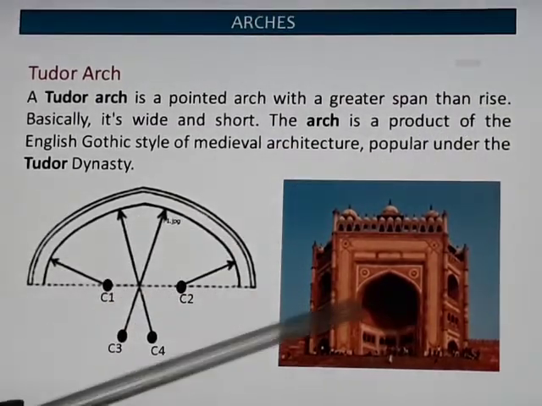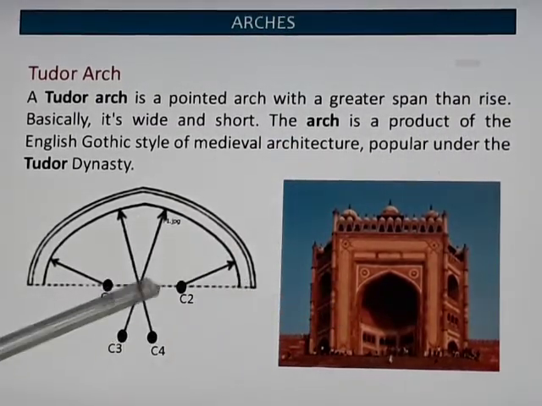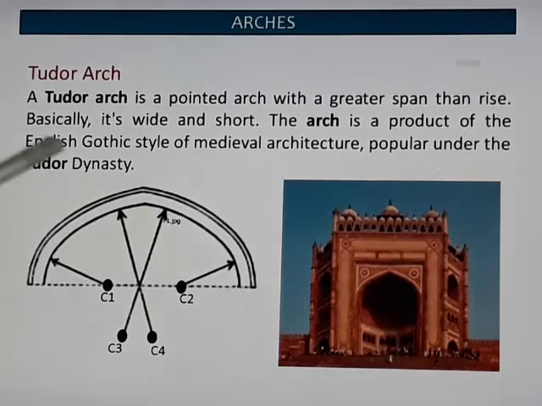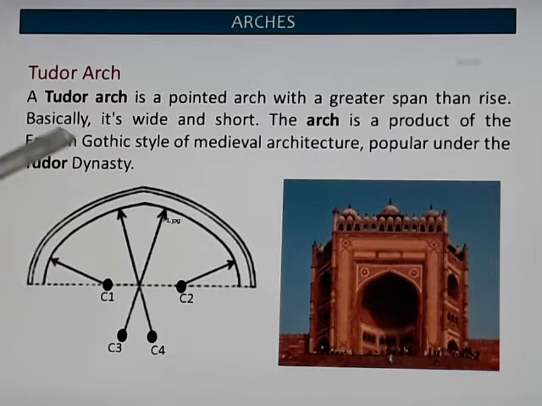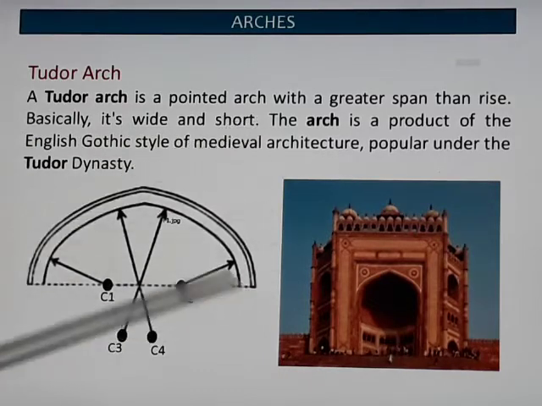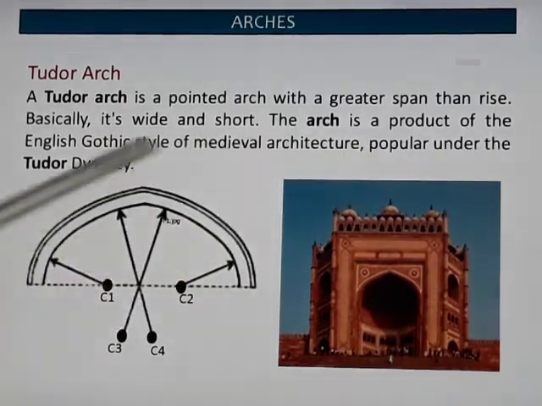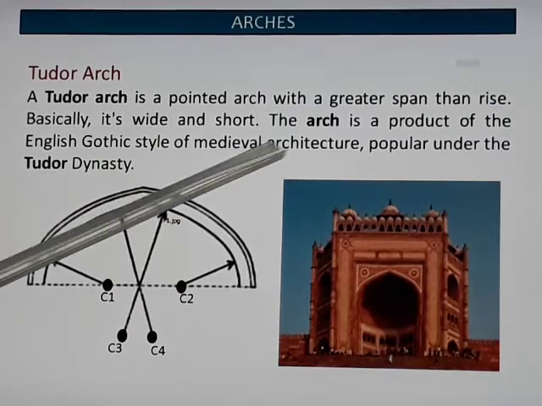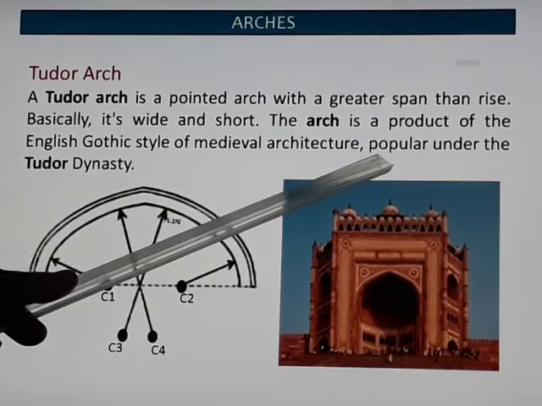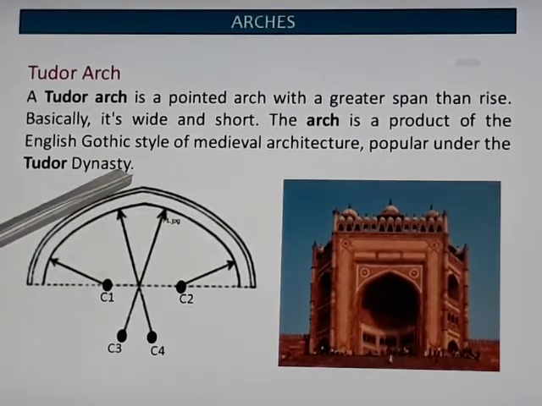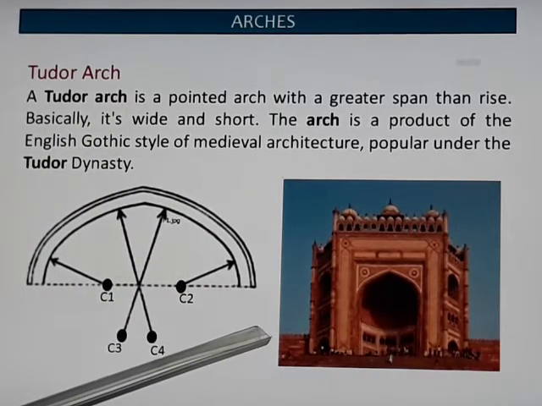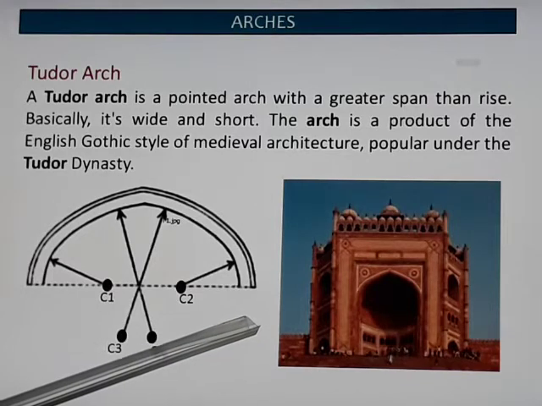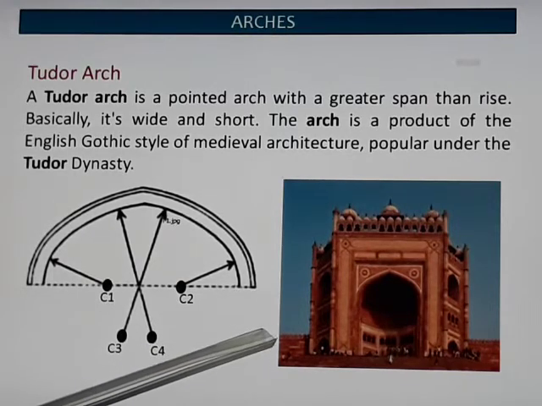That means the span is larger than the rise, as you can see in the image, and so it is wide and short. This arch is a product of the English Gothic style of medieval architecture, became popular under the Tudor dynasty, and later in India it was more popular during Islamic architecture.